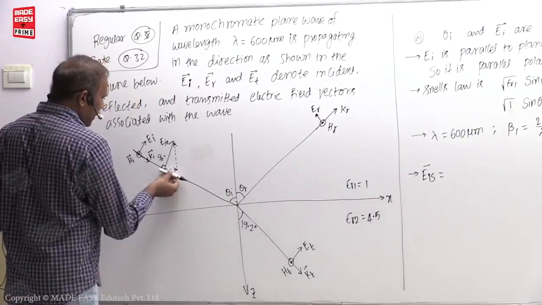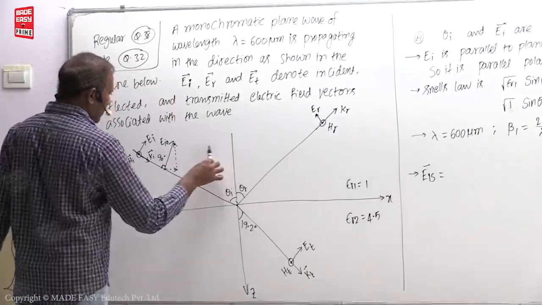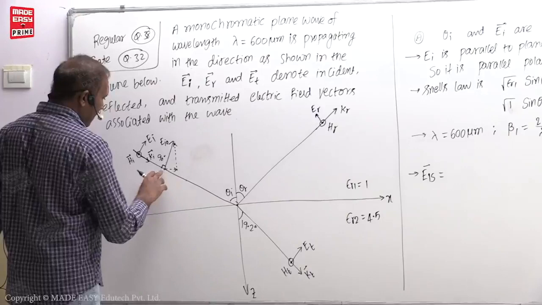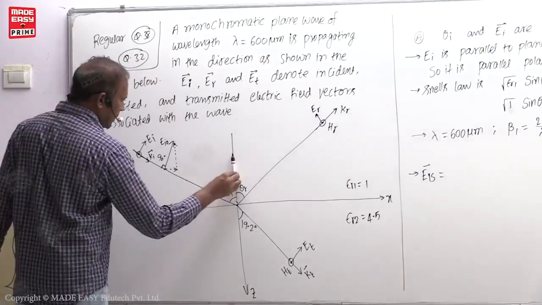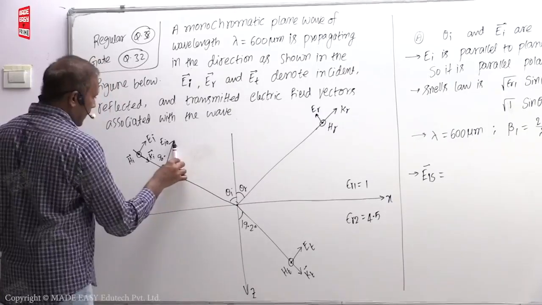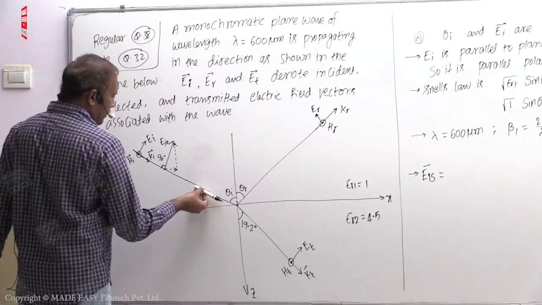Angle between this vertical line and this line is theta I. See, dear students, this is vertical, and this one.